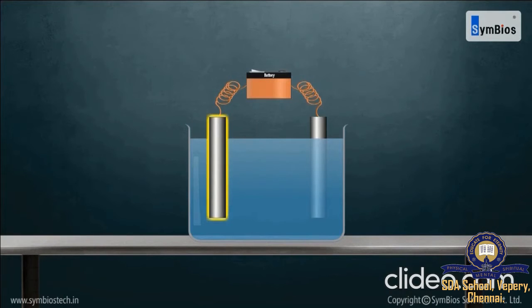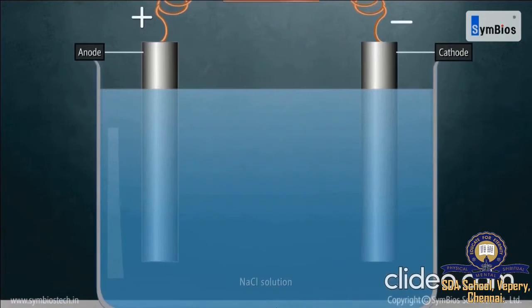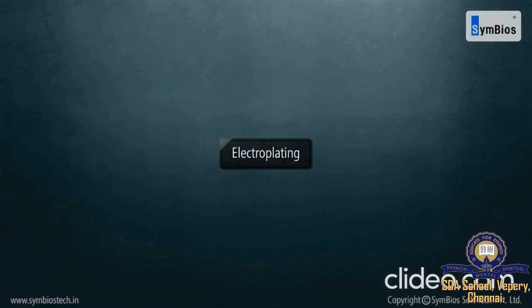The electrode connected to the positive charge is called the anode, and the one connected to the negative charge is called the cathode. Sodium reduces to form sodium plus ions, and chlorine oxidizes to form chlorine minus ions. The sodium plus ions move towards the cathode, and the chlorine minus move towards the anode, forming chlorine gas.